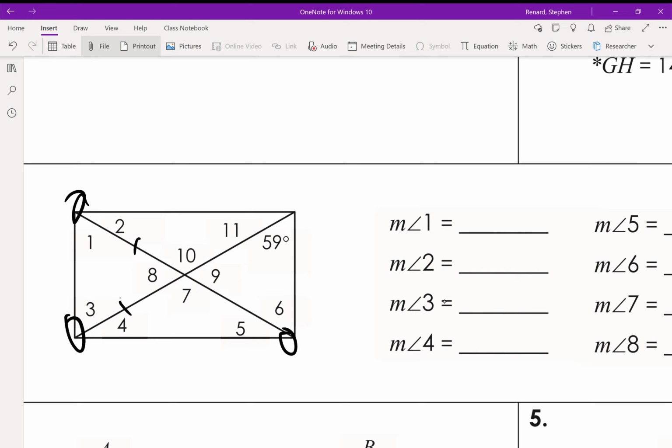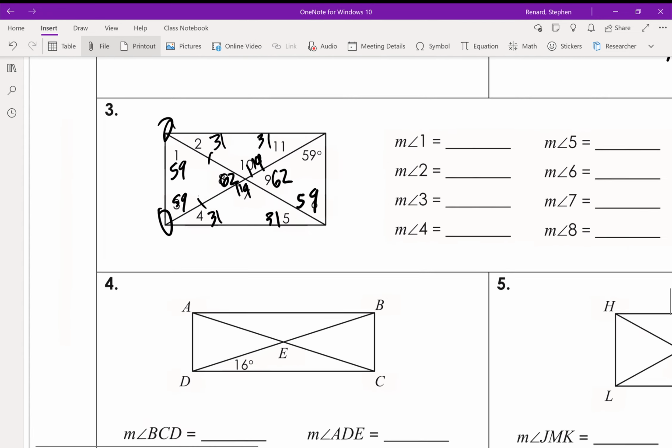Remember that in an isosceles triangle, the base angles are congruent, and we know that they all add up to 180. 59 is 118. 180 minus 118 is 62, which makes this 62, which makes this 119, which makes this 31, hopefully that helped.